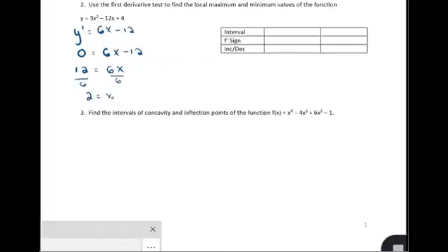Well, if something happens at 2, then that means 2 right here is going to break apart our intervals. 2 is going to become our critical number, and that's what's going to separate our different intervals. So if we look at this, we'll have one interval from negative infinity up to 2, and then we have our critical number of 2, and something's happening at 2. We have to figure out what.